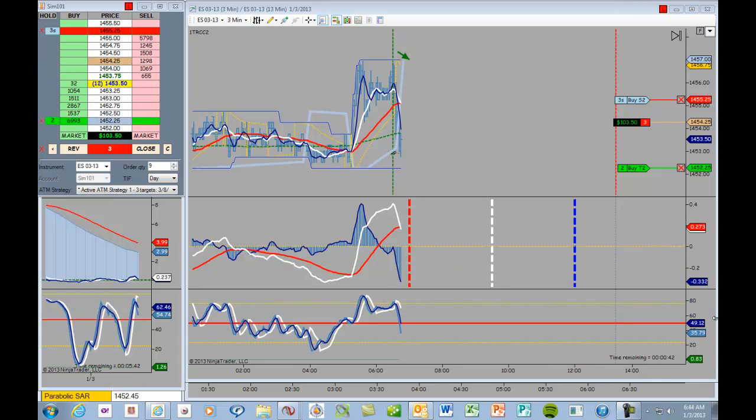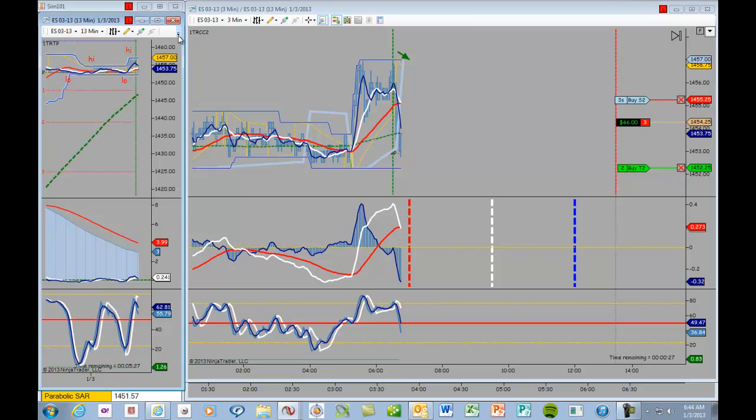Okay, we still are attempting to hit the second target, but while we got a few moments here, we can talk a little bit about how we got in this trade. First of all, over here on the 13-minute turning point chart, you can see that our longer-term MACD is clearly bearish.